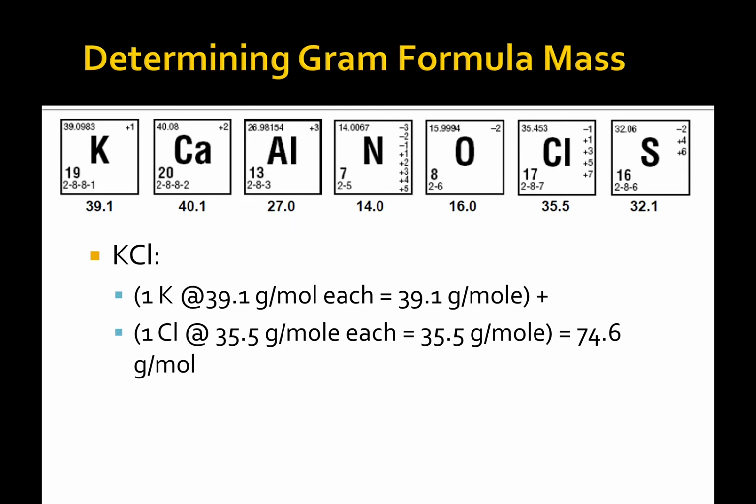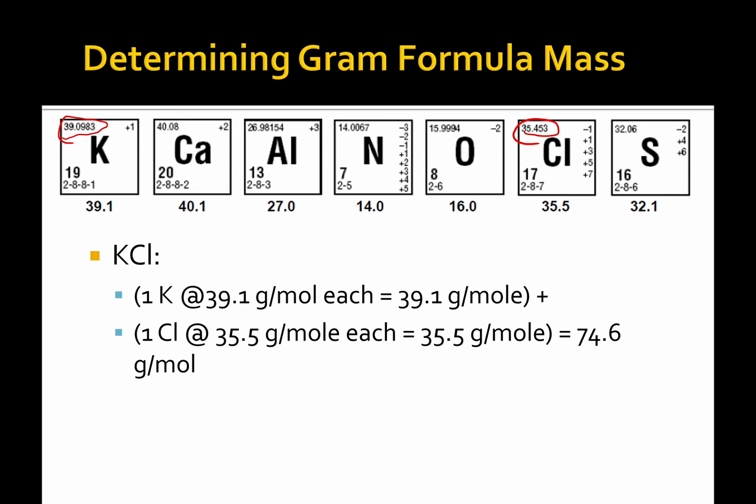So let's see how we do this. To determine the gram formula mass of potassium chloride, we count up the total number of atoms that we have of each element, and we look at the atomic mass from the table. So potassium's is 39.1, chlorine's 35.5. We have 1 mole of potassium ions, so we multiply 1 times 39.1.